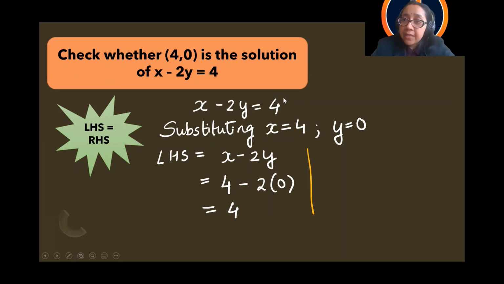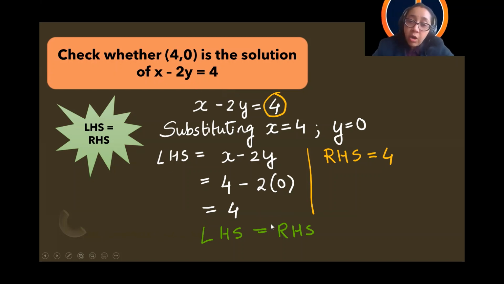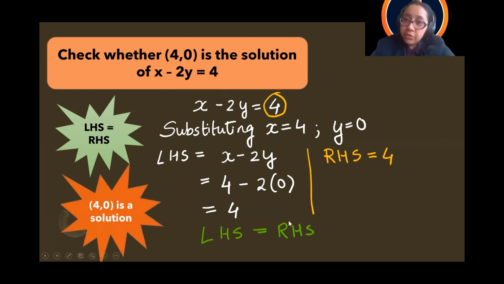And what is the value of RHS given? RHS is also given as 4. So we can say that 4, 0 is a solution of the equation x minus 2y equal to 4. Why? Because we are able to prove that the left hand side is equal to the right hand side. Okay. So this is the solution.